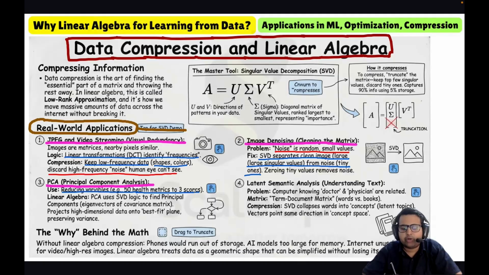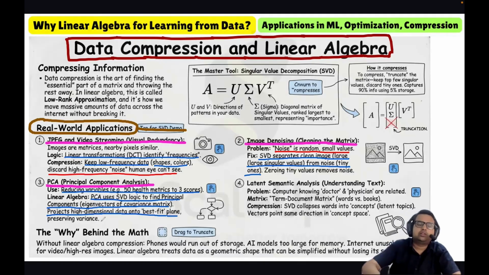It uses the same logic as the singular value decomposition to find the principal components, the eigenvectors of the covariance matrix. It projects the high dimensional data onto a best fit plane, preserving the maximum amount of variance.